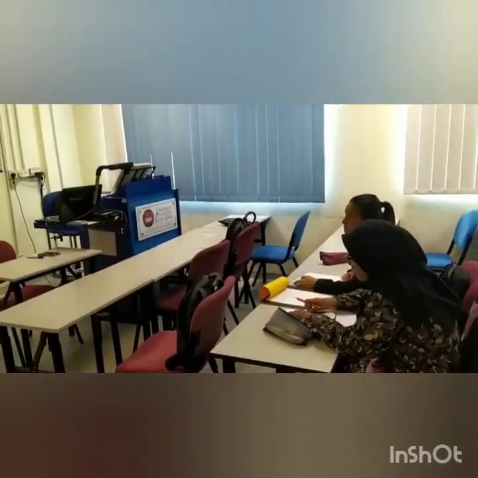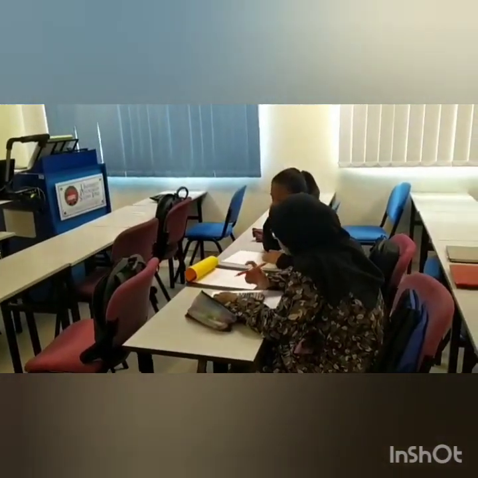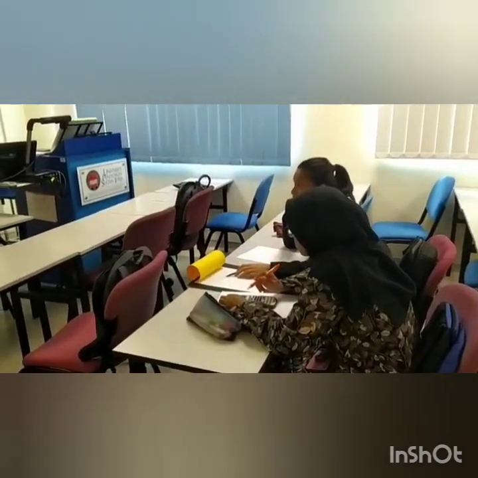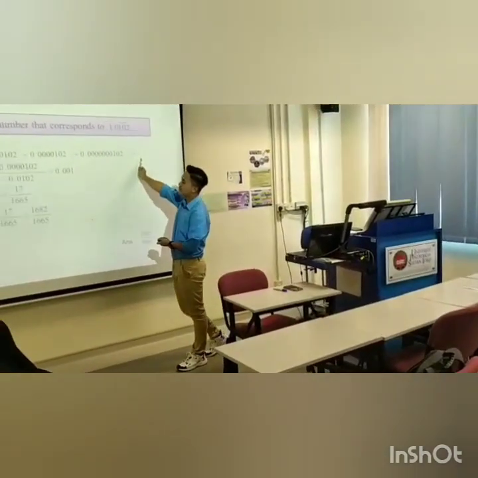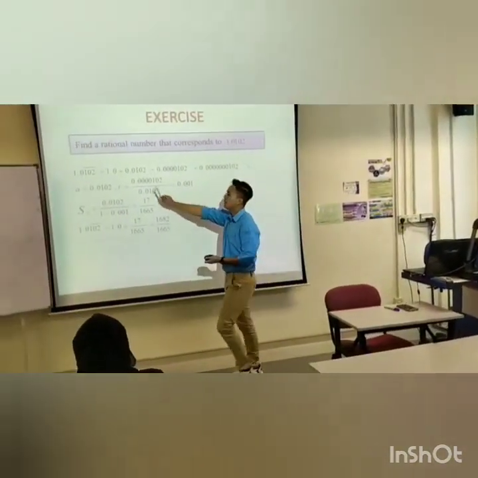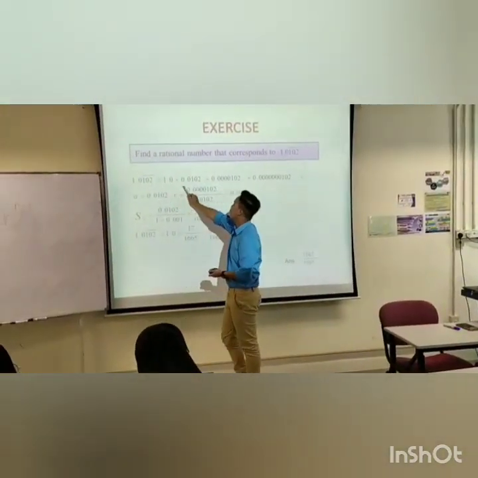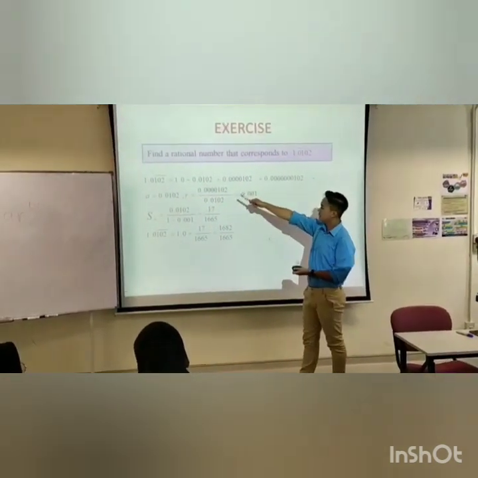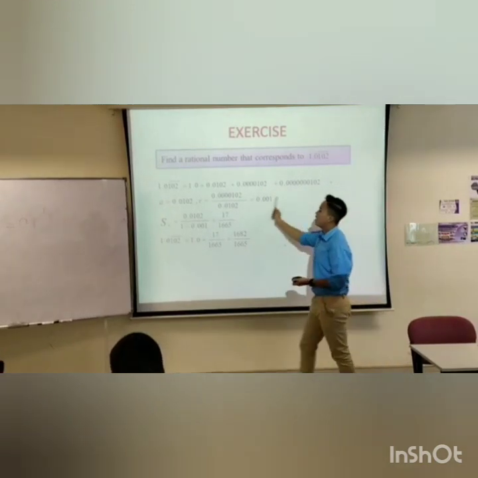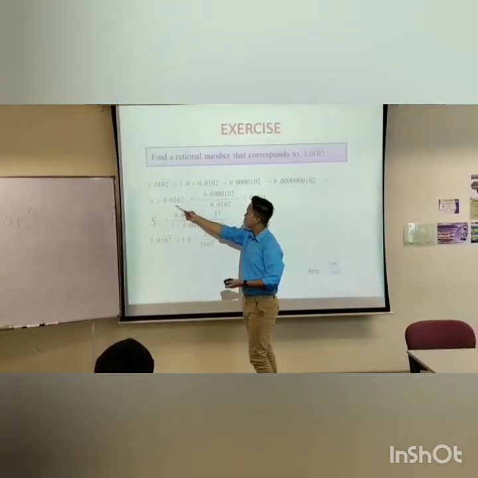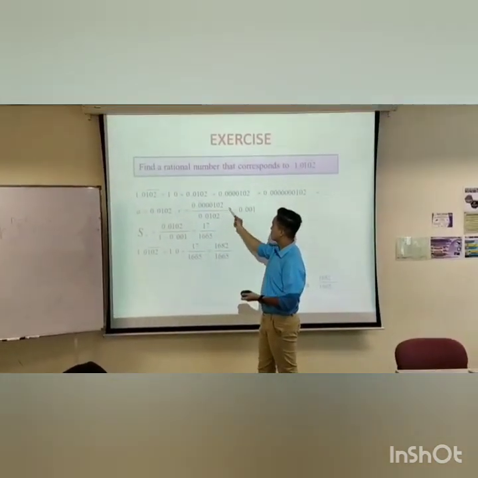So as a group, try to think. I will give guidance. So you can do it like this. You can split the number: 1 plus that, plus that, plus that, and so on, whereby A equals this and R equals this.